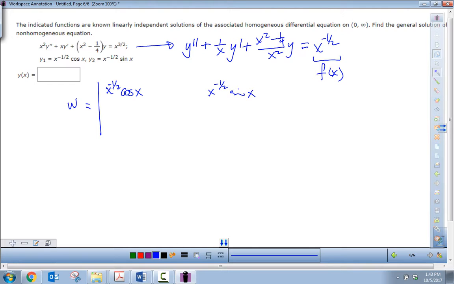Because the second row is going to be the derivatives. So it's the derivative of the first times the second plus the first times the derivative of the second. I think it's going to be a minus when we take the derivative of the second, which is negative sine.